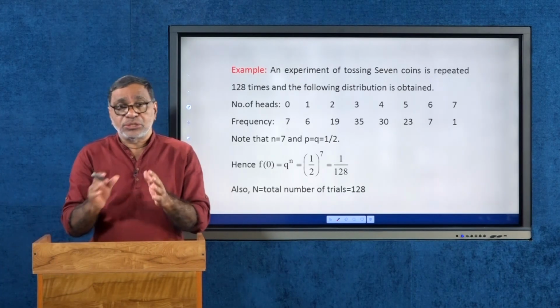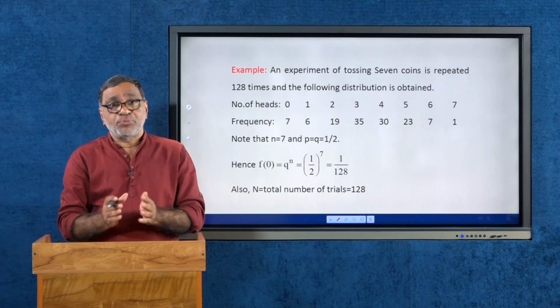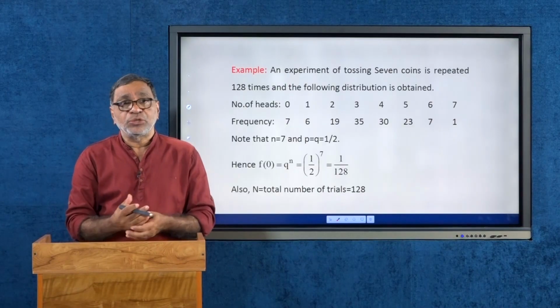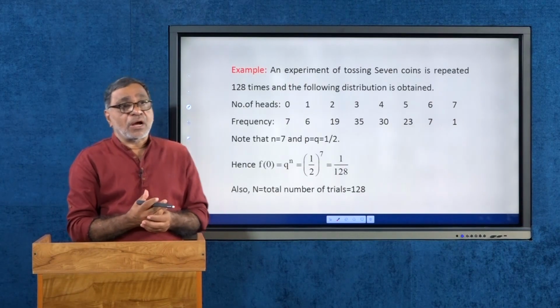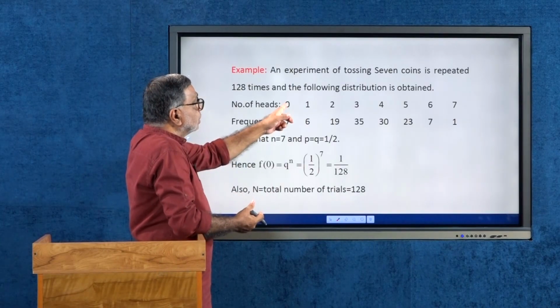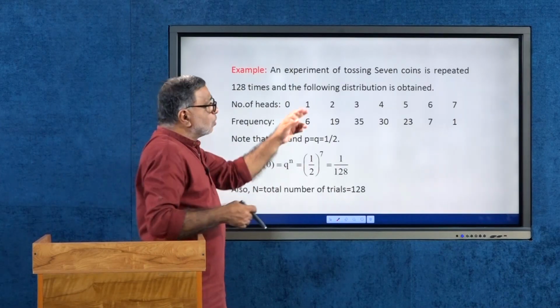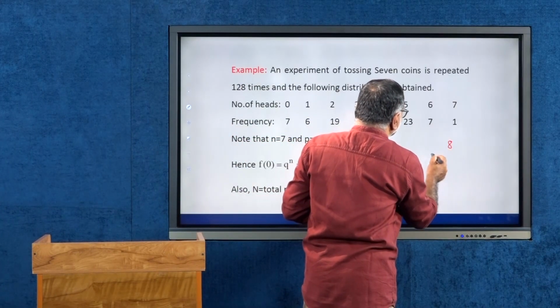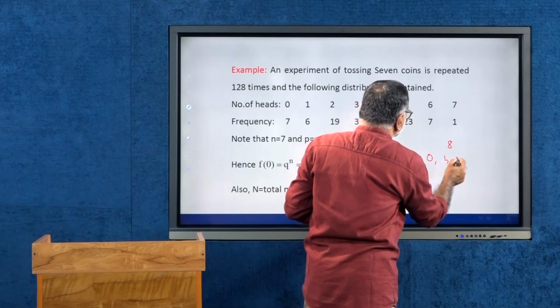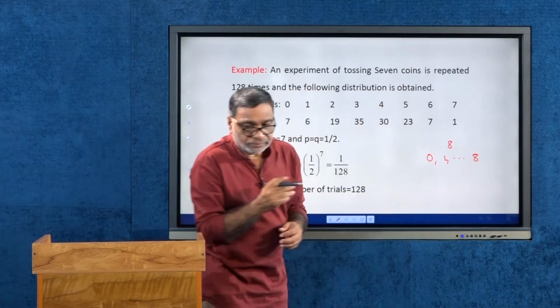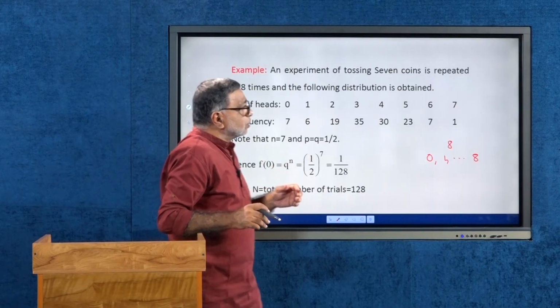That is, you consider an experiment of tossing 7 coins and that is repeated 128 times. And how many experiments have 0 heads? When 7 coins are tossed, the possible number of heads may be 0, 1, 2, etc. up to 7.